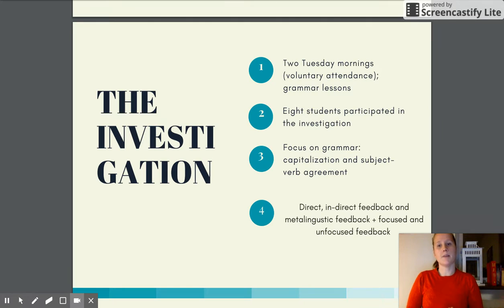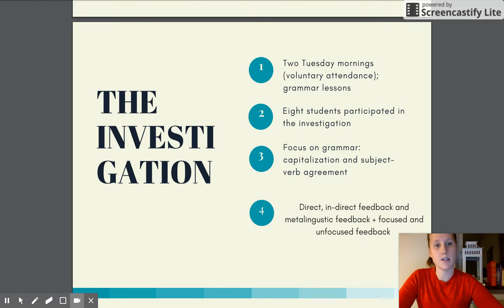Furthermore, the actual investigation I did during 2 Tuesday mornings, where my supervisor has a voluntary lesson that concerns grammar. So the problem was that I wasn't really sure how many of the students would participate in the investigation. But in the end, 8 of the students did participate.